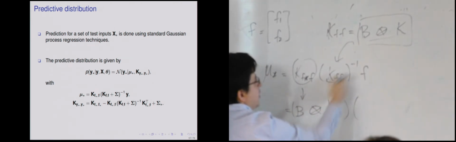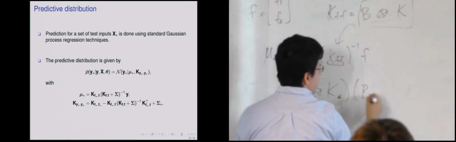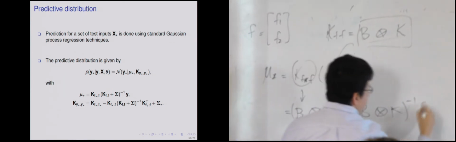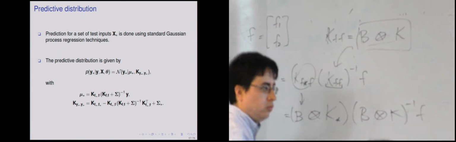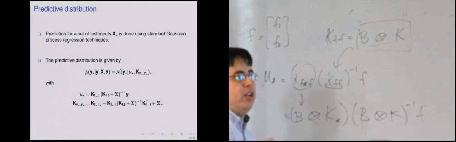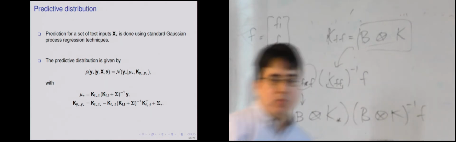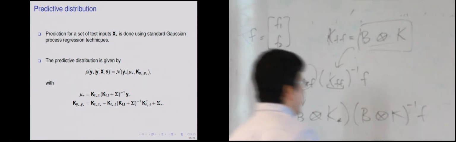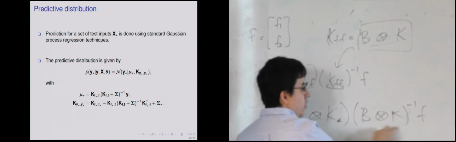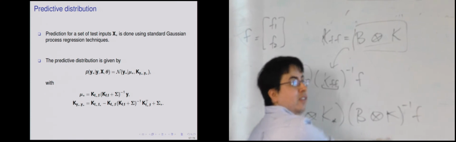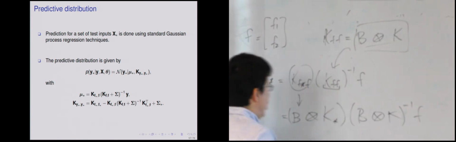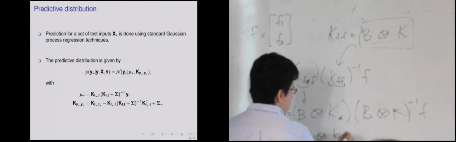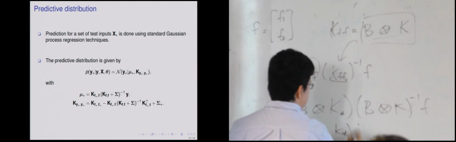And then inside the inverse, just plug in this Kronecker product of B with K_ff. Are you familiar with the properties of the Kronecker product? So what is the inverse of the Kronecker product? Very good. So we have B Kronecker K star, and then we have the inverse, B inverse Kronecker K_ff inverse.